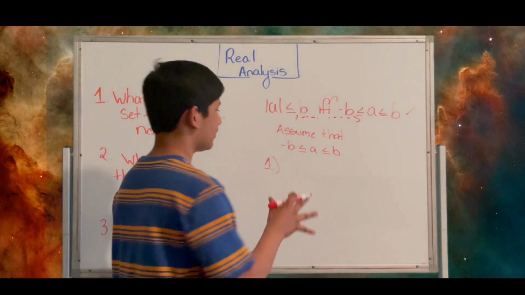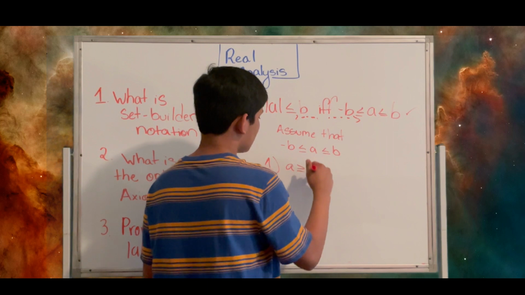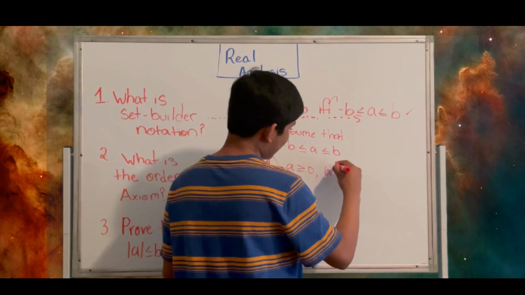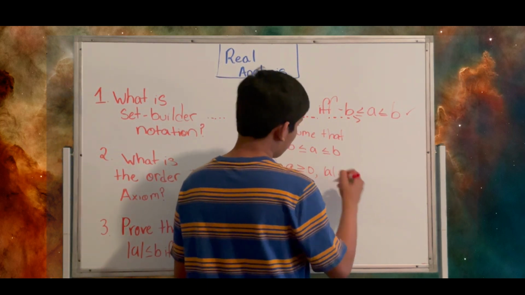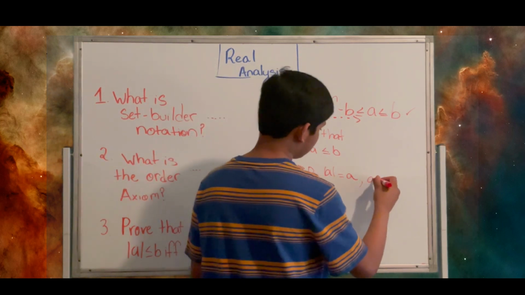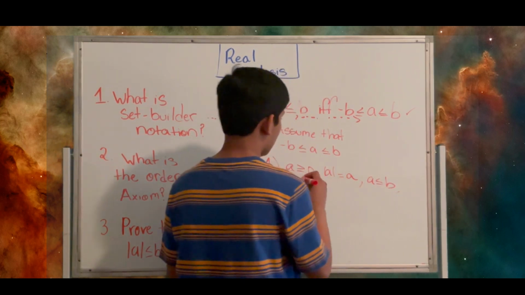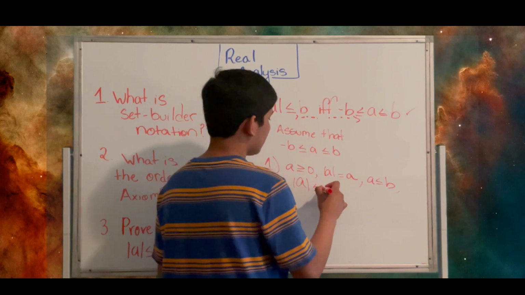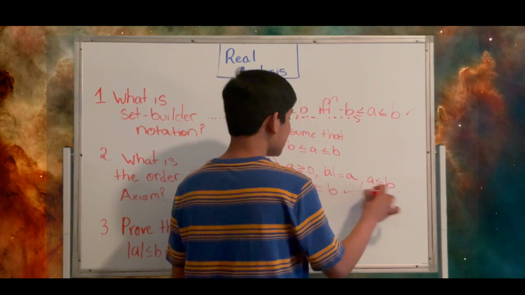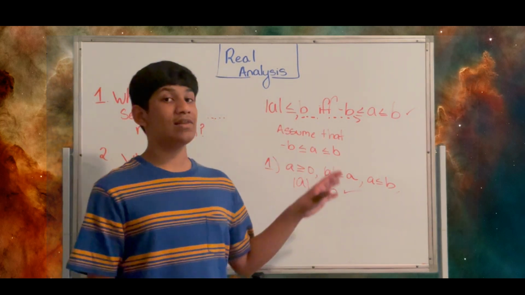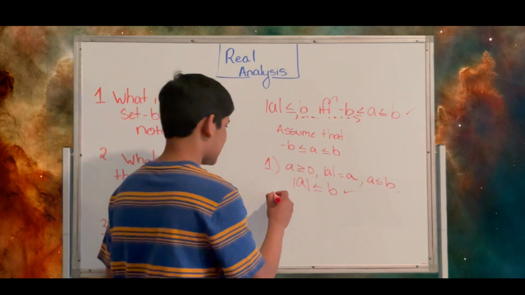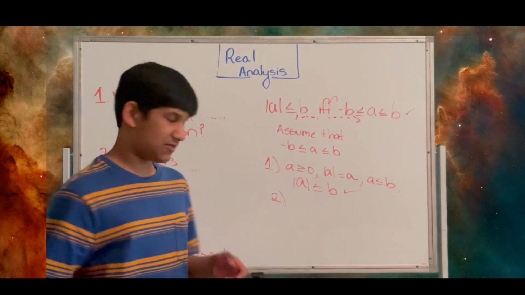If A is greater than or equal to 0, then absolute value of A must be equal to A. So therefore, if A is less than or equal to B, absolute value of A must be less than or equal to B. So we've proved this in the positive sense. Now, let's prove it in the negative sense.